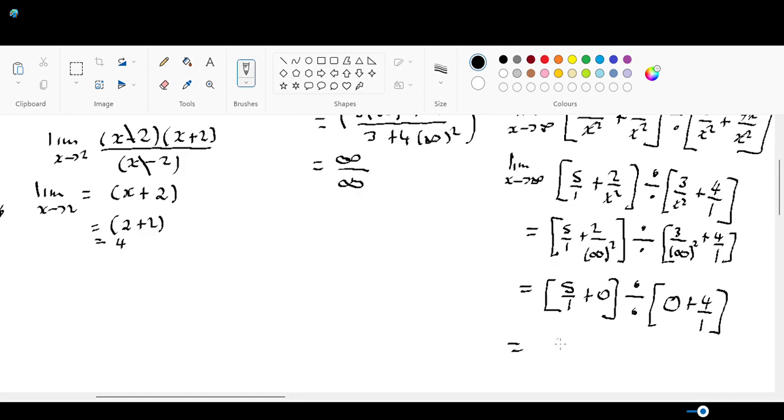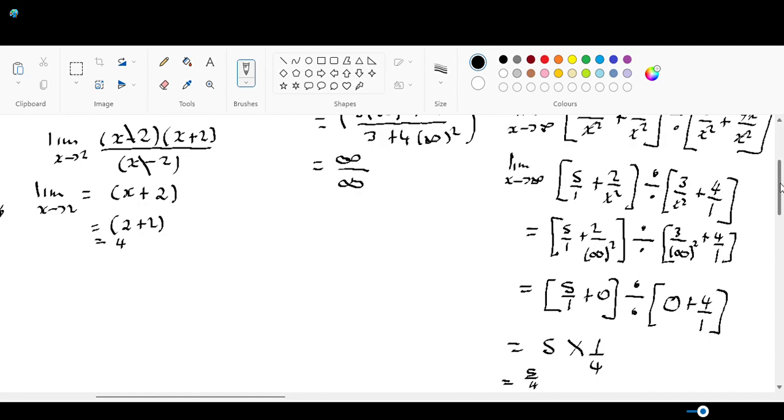Now if you continue, the numerator gives us 5. If we change this and make it multiplication, it's going to be 1 over 4. So our final answer is going to be 5 over 4. So that's how you do it, guys, when you have a problem like this one.